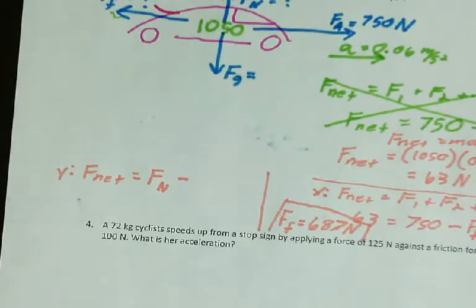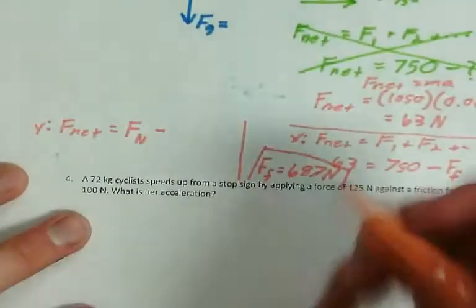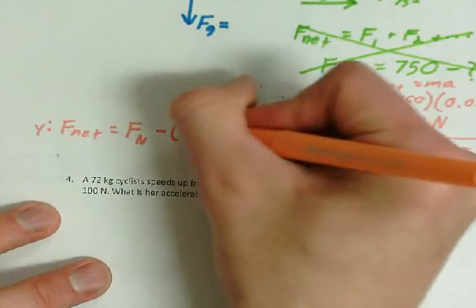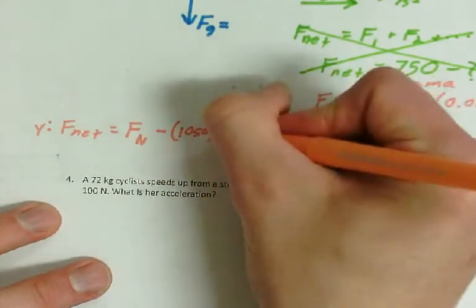Now, before I hang my head and cry and run away and am sad, here's how we find Fg. Fg is mass times 9.8. So all I have to do is solve for gravity, mass times 9.8.